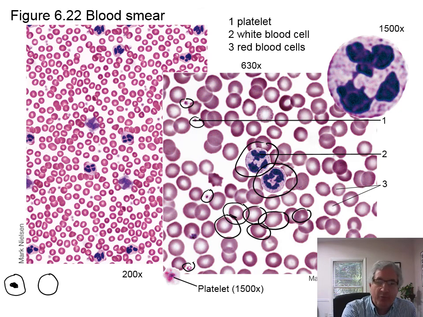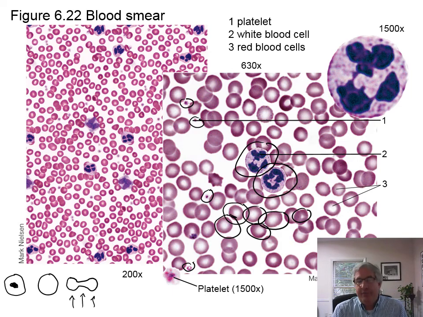But if you look at a red blood cell from the side, it looks like this. It's skinny in the middle. So on the light microscope, you have light coming up through here and here and here, and more light comes through the middle, so the center of the cell looks white. So there you go: red blood cells, white blood cells, and platelets.